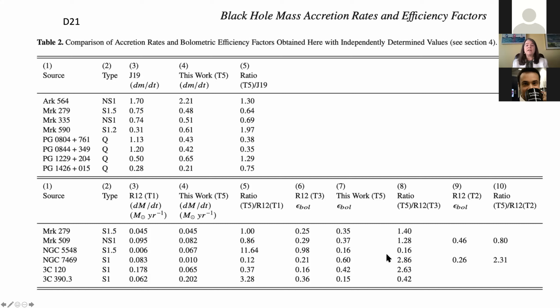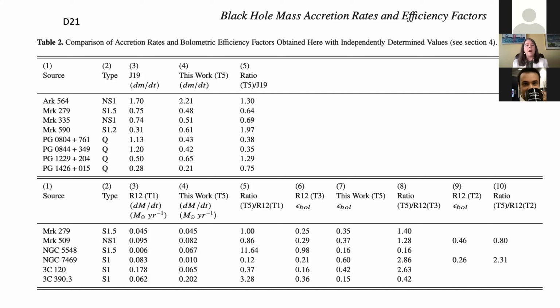Now, because the outflow method relies on a comparison of the disk properties and the outflow properties, it's important to have simultaneous or contemporaneous radio and X-ray measurements. For the AGN I've studied so far, those measurements are not simultaneous or contemporaneous.